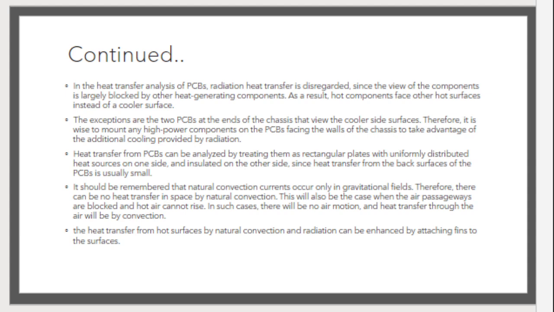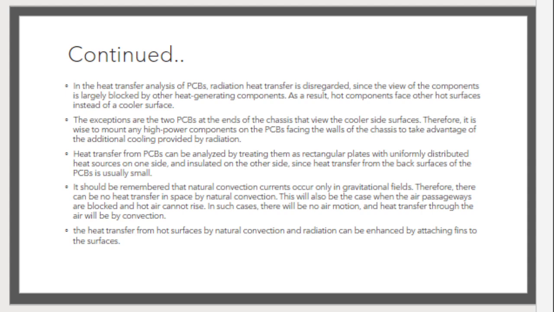Heat transfer from PCBs can be analyzed by treating them as rectangular plates with uniformly distributed heat sources on one side and insulated on the other side, since heat transfer from the back surfaces of the PCBs is usually small. It should be remembered that natural convection currents only occur in gravitational fields.